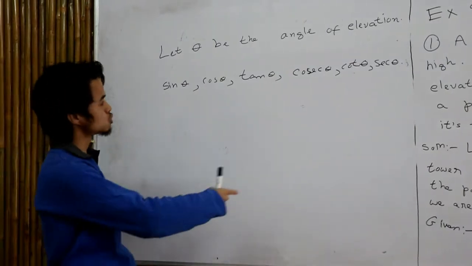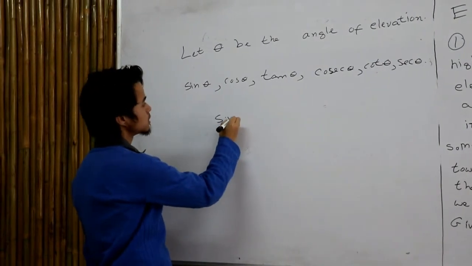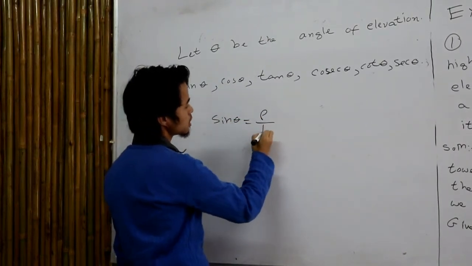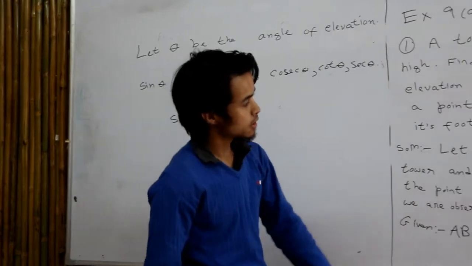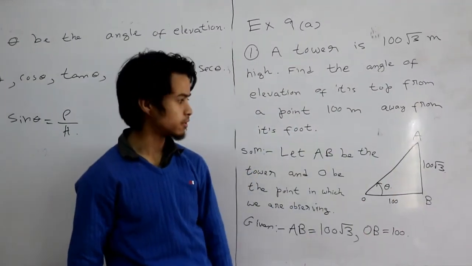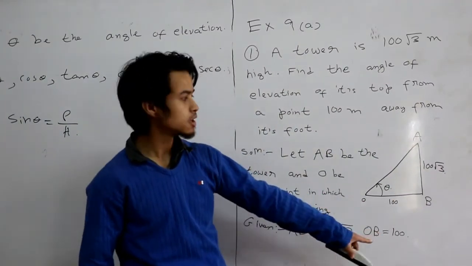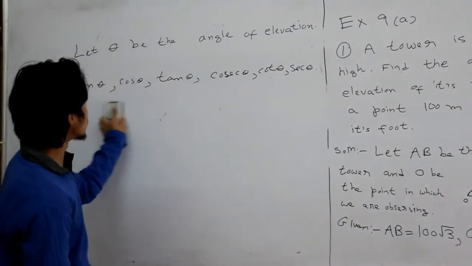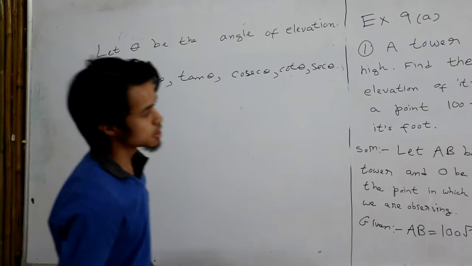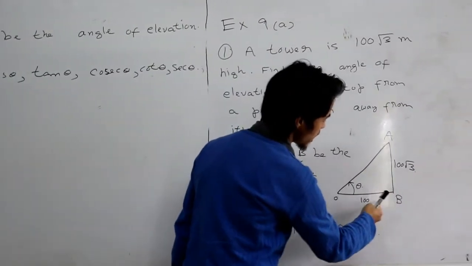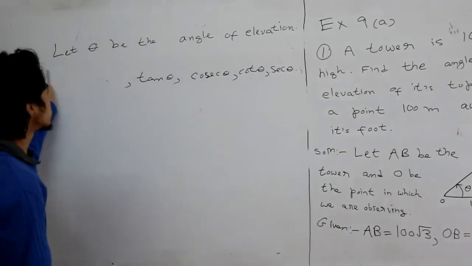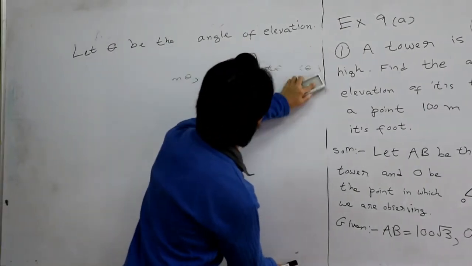Because suppose we choose sine in this case, then we know that sine theta is perpendicular by hypotenuse, but the information on the hypotenuse is not given. We can find it out, but it will take a lot of time, so we use the proper trigonometric ratio. Since we already have the perpendicular and the base, we can just choose tan of theta. It will be much simpler.